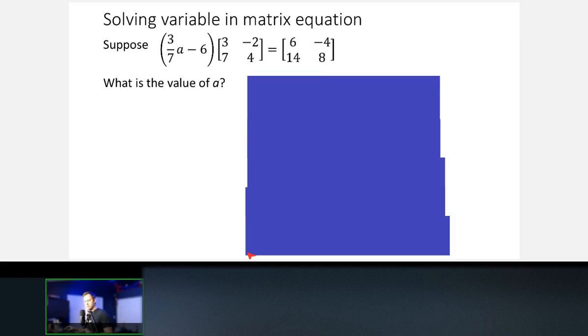All right. Someone want to tell me what we do first to solve this problem? Any ideas?